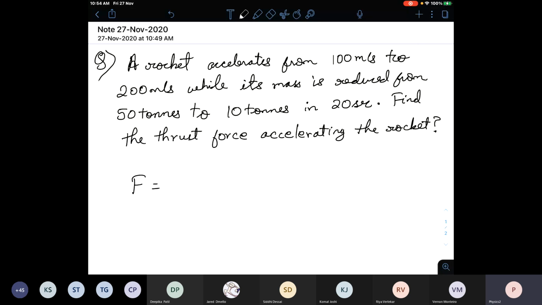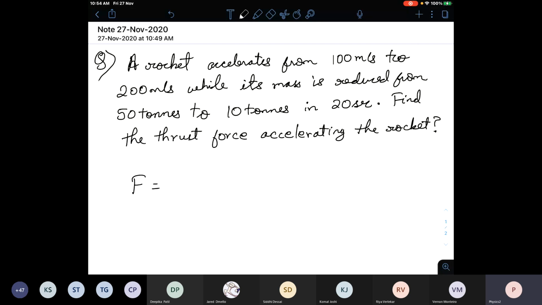Now since they have given you some time interval, they are not asking you the instantaneous values, what we can do is calculate F as delta p by delta t. You must be trying to use the formula m dv by dt plus v dm by dt.